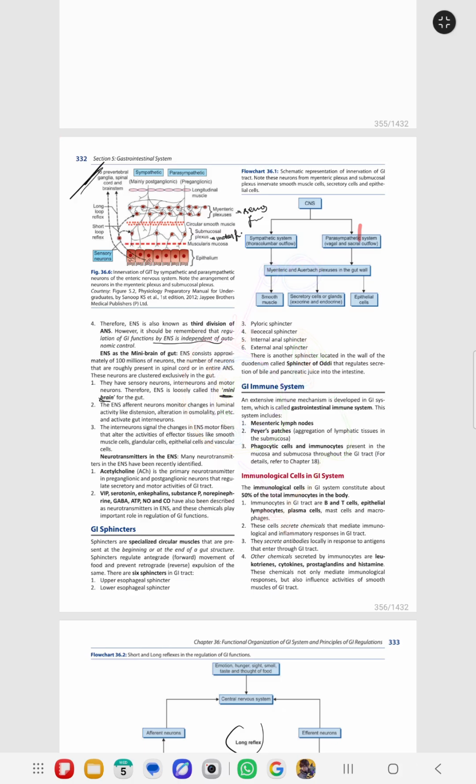From Auerbach, you will remember the AM motor.